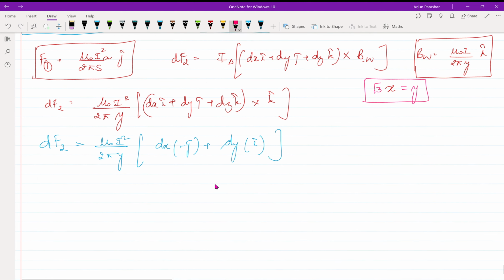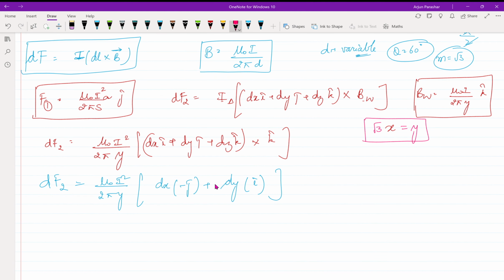Why do we need this equation? We need it just to evaluate these two terms. So dy is given as root 3 dx, and if we put these terms in here, we can easily calculate the integral. Similarly, we can calculate dF3. It will be given by mu naught I square upon 2 pi y.